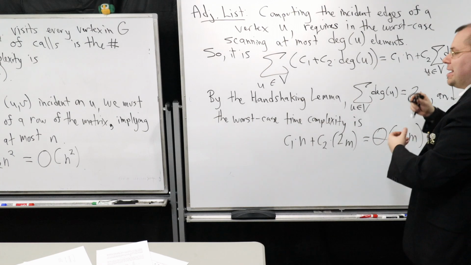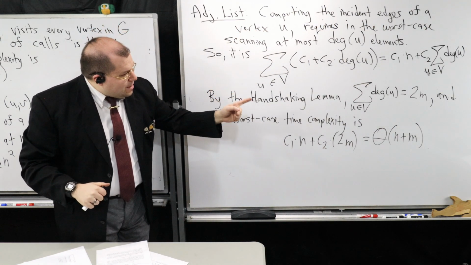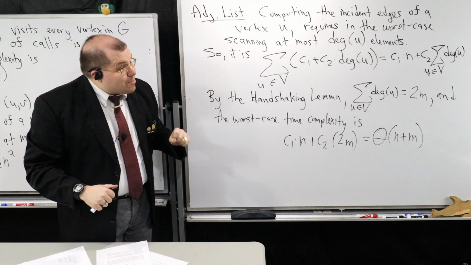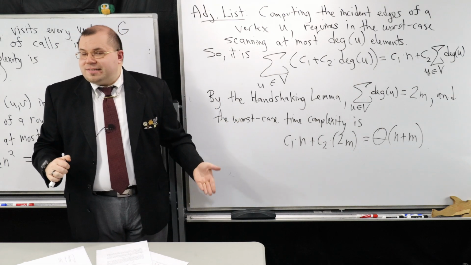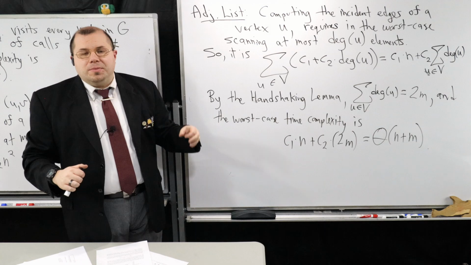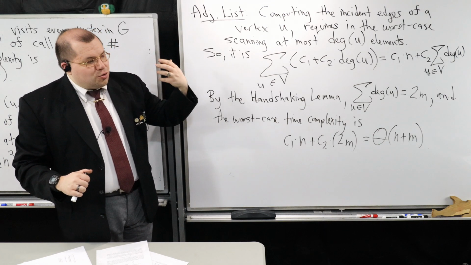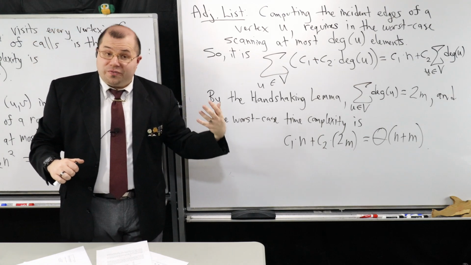My apologies. But yeah, so when you look at this, now we can say that DFS takes time linear in the number of vertices and the number of edges. So this is a linear time algorithm, which sounds kind of weird for me to say, but really remember, the graph size depends on the number of vertices and the number of edges.